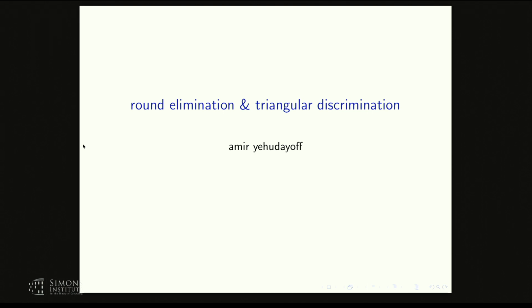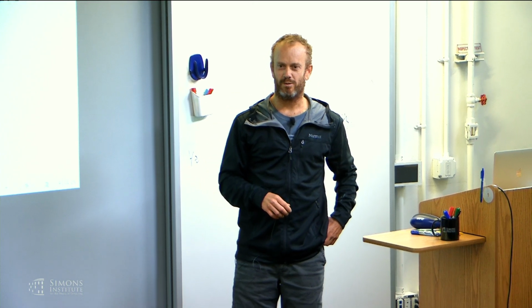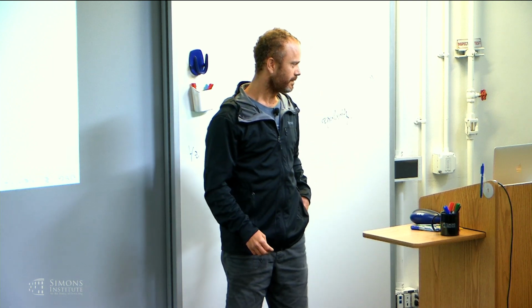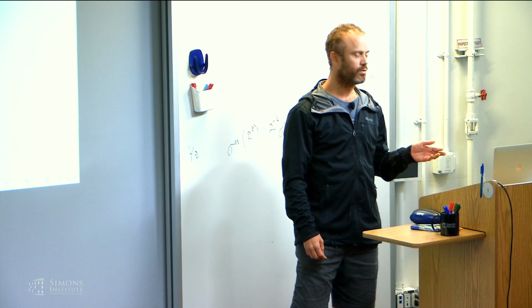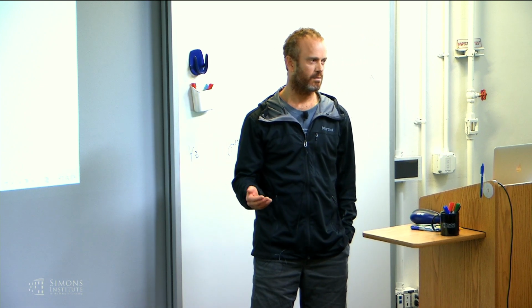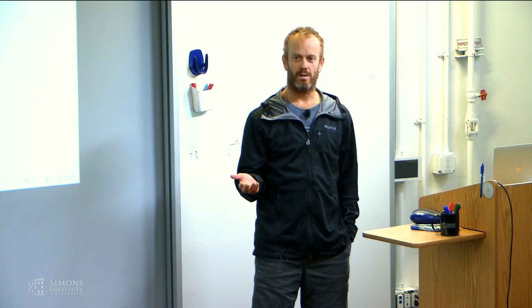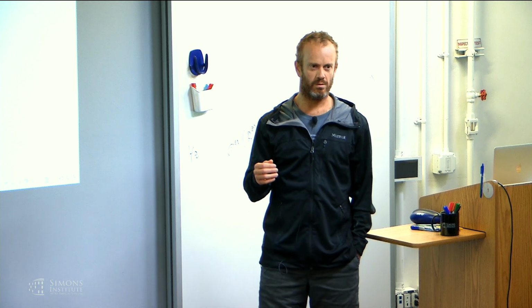So I will. Some of you have heard this talk in some version of it. I hope you will still find it interesting. It's about two ideas. One is round elimination, which is a very simple, conceptual way to prove lower bounds.